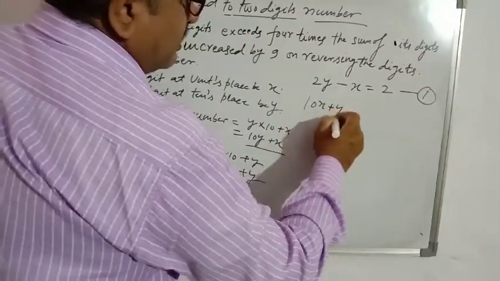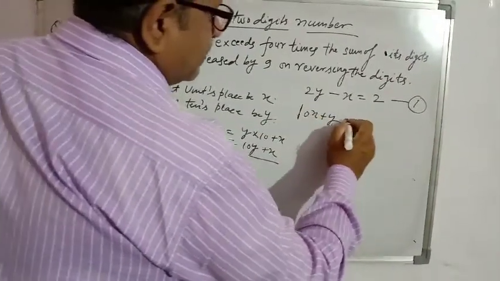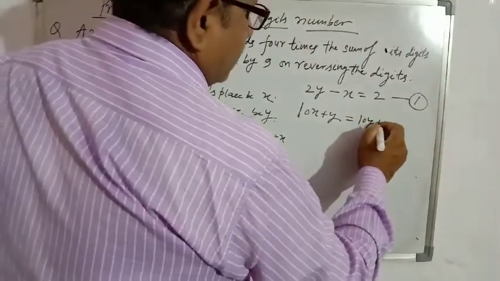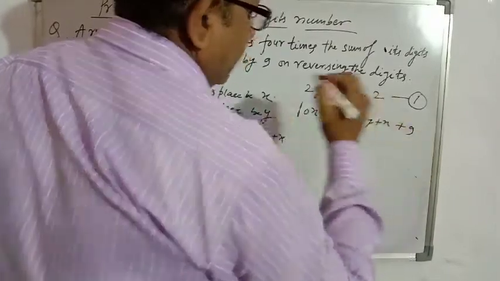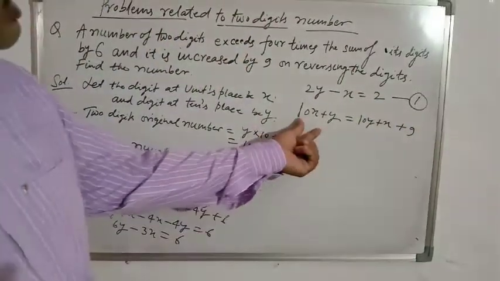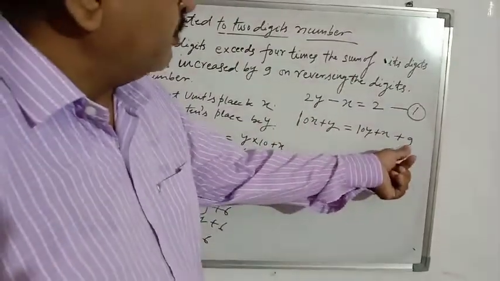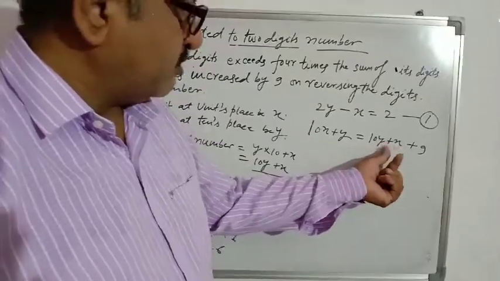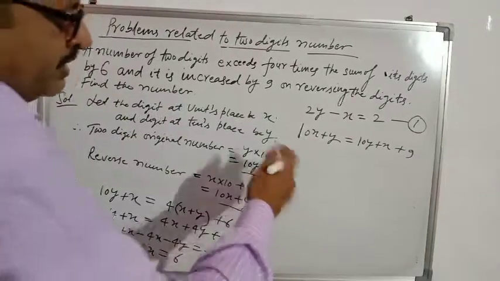So 10x plus y is equal to the original number 10y plus x, plus 9 we have to add. Reverse number is 9 more than the original number. So 10x plus y is equal to 10y plus x plus 9.